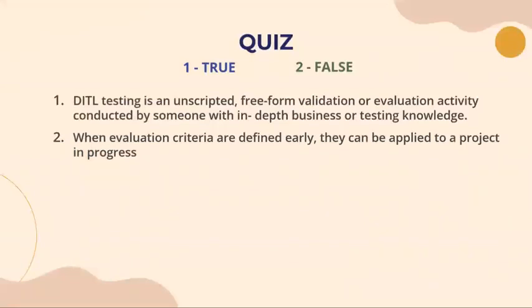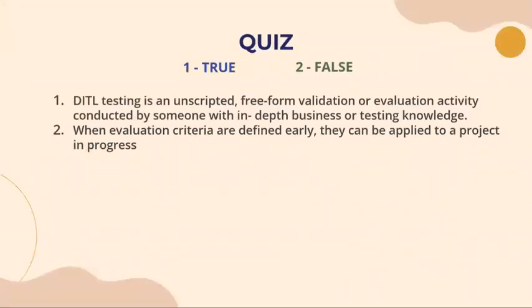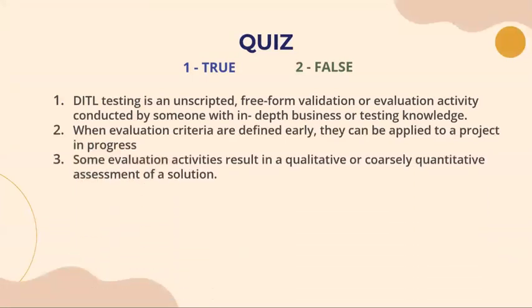Number 2. When evaluation criteria are defined early, they can be applied to a project in progress. 3. Some evaluation activities result in a qualitative or coarsely quantitative assessment of a solution.